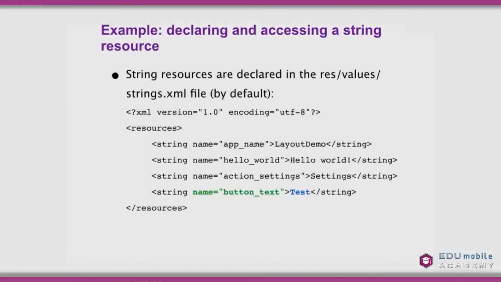That's clear text. This is an XML entity. So then we finally close the string tag, the string element here. So now we have a new resource named button text, which is of type string and has the value test.